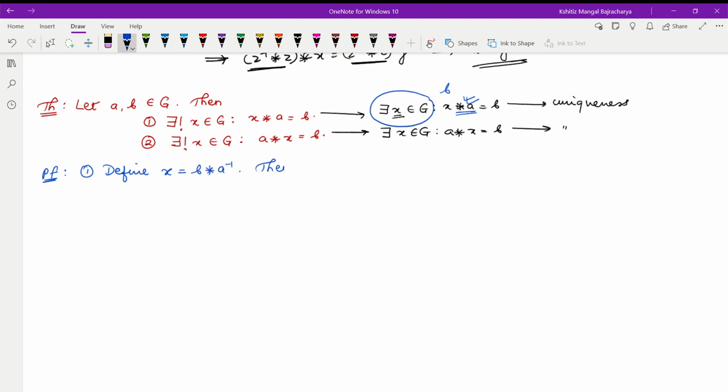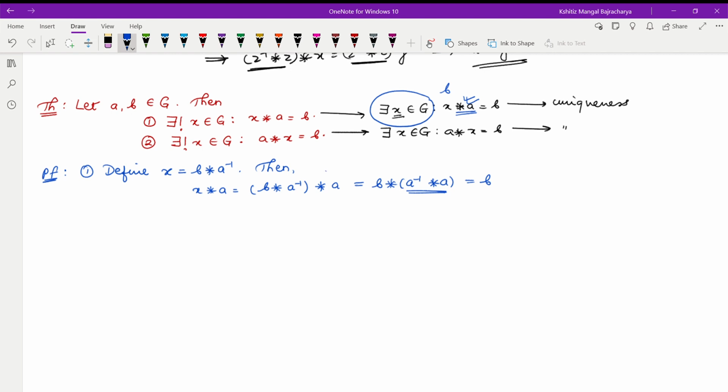Then let's see, X star A is equal to B star A inverse star A, which is equal to B by definition of inverse.